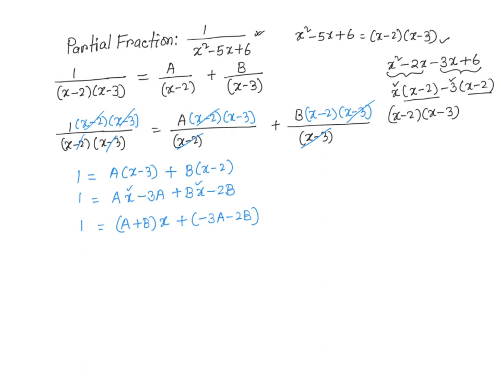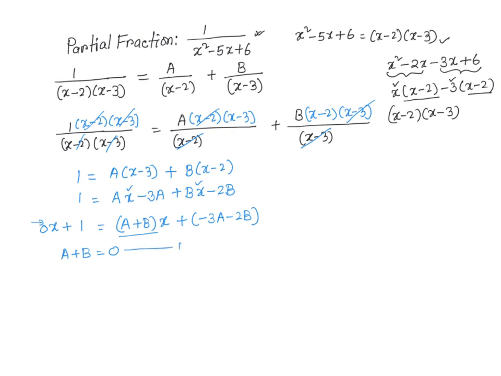So now I'm going to go ahead and combine the coefficients on both sides. If you look at the left-hand side right here, there is no x term, which is equivalent to saying that I have a term 0 times x, because 0 times x is 0, and I could add 0 to 1 and still not change anything. So that right away tells me that a plus b must be 0. So I am equating the coefficients on both sides.